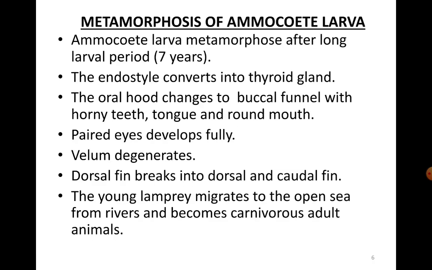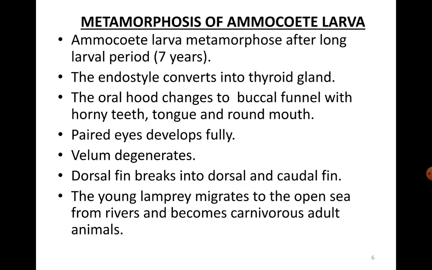Now let us understand what changes it undergoes during the process of metamorphosis. Once this larva takes the path of converting into an adult, what are the changes that take place? The main changes: this exhibits a prolonged larval life of about 3 to 7 years, and in these years the ammocoetes undergo several changes in order to metamorphose into an adult form.